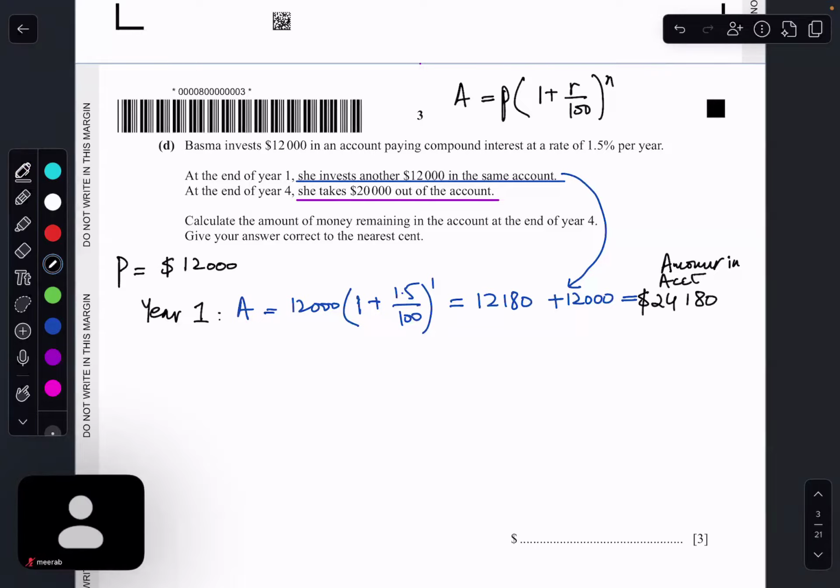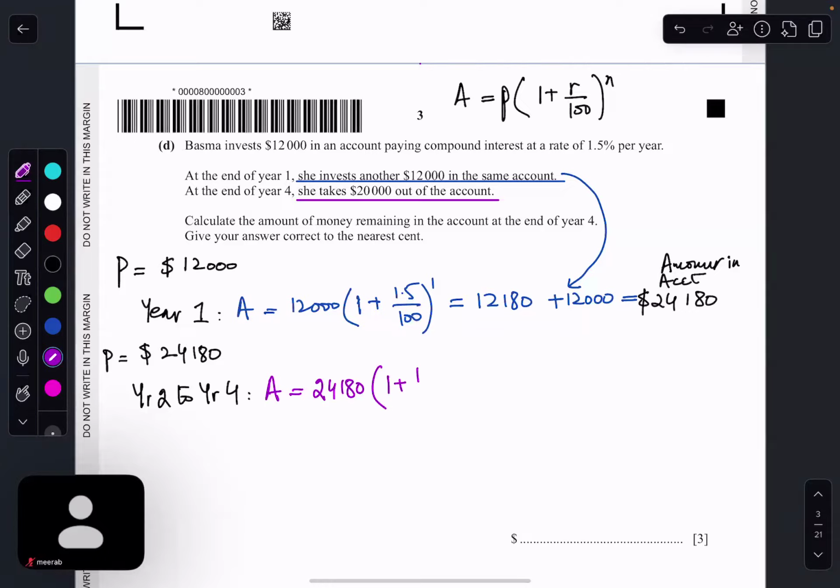Okay. Now for the next year, I'm going to use this as the principal amount. So 24180 will be the principal amount from year 2 to year 4. So we have A is equal to 24180 times 1 plus 1.5 over 100 whole power.